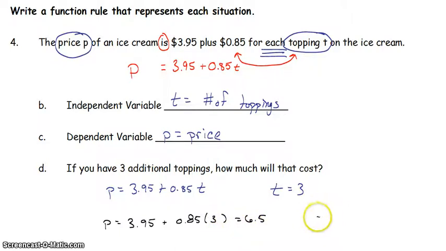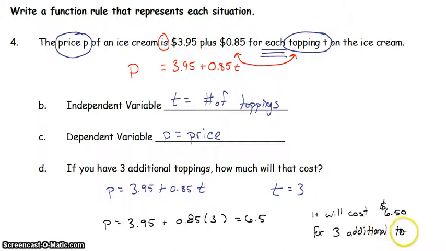In this problem, that means that it will cost $6.50 for 3 additional toppings. And that would be your final answer.